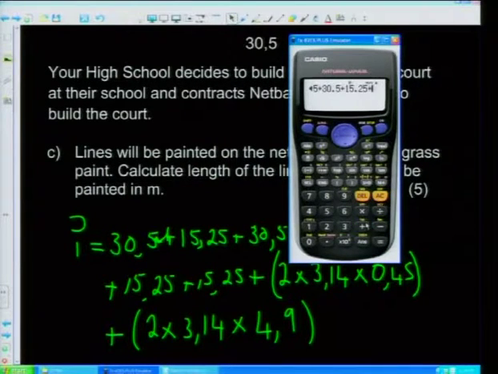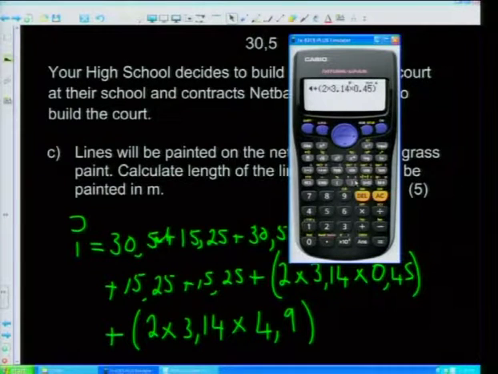So we're going to say plus 15.25 plus 15.25. Now we found the area of our center circle. So we're going to say plus, and let's use our bracket, why not? 2 times 3.14, multiplied by 0.45.